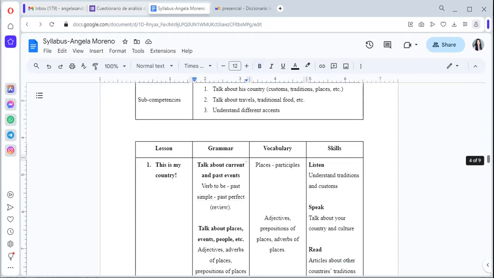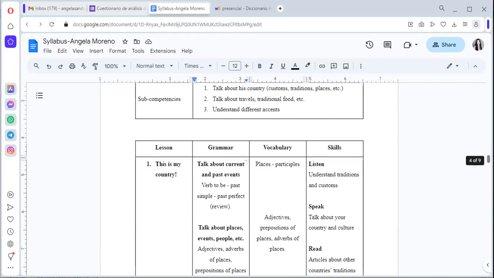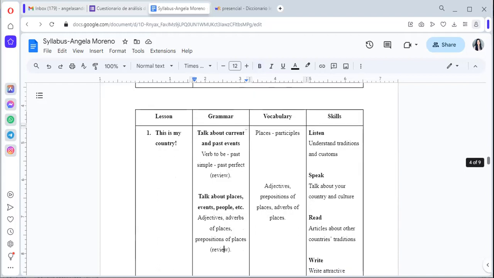In lesson 1, titled This Is My Country, he's going to talk about current and past events. Verb to be, past simple, past perfect. Talk about places, events, people, which involve adjectives, adverbs of places, prepositions of places.